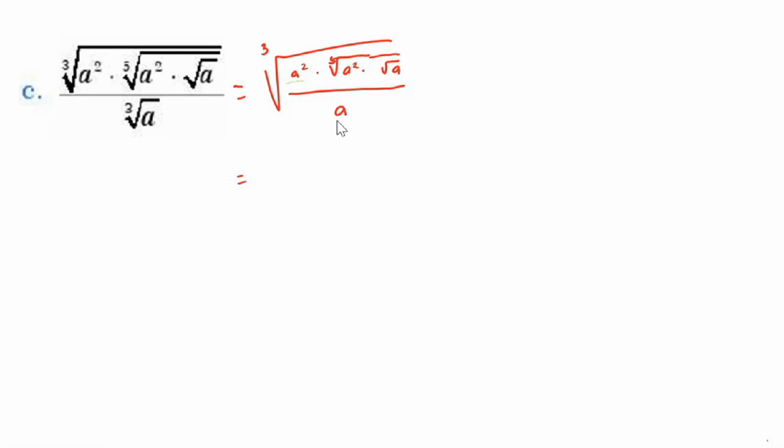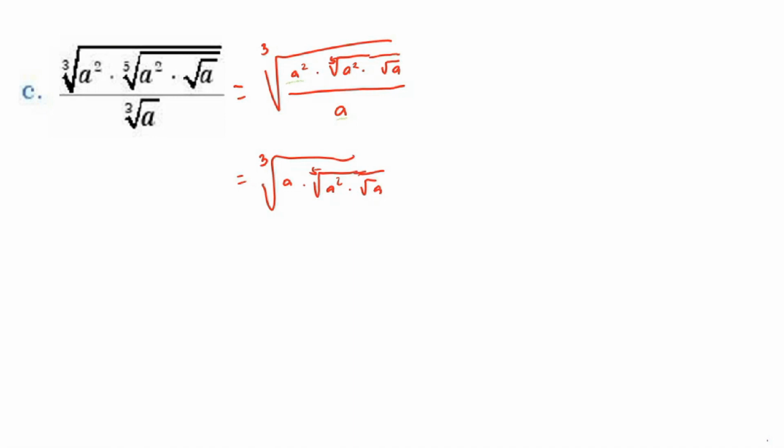This one and this one can be simplified further. So I can write that as the cube root of a, because a squared over a is a, times the fifth root of a squared times the square root of a.